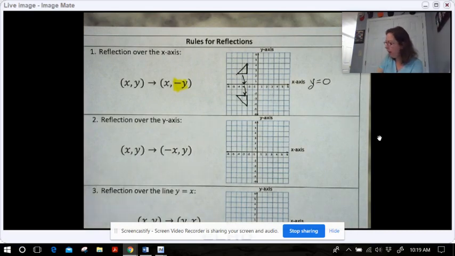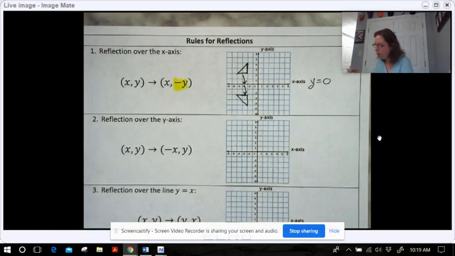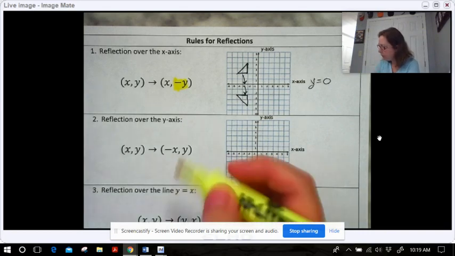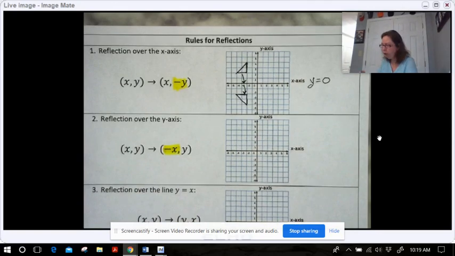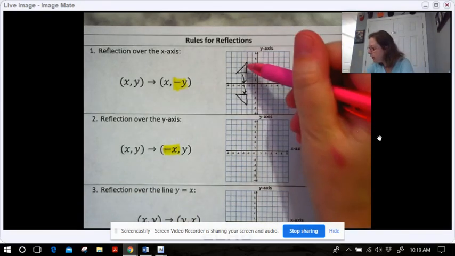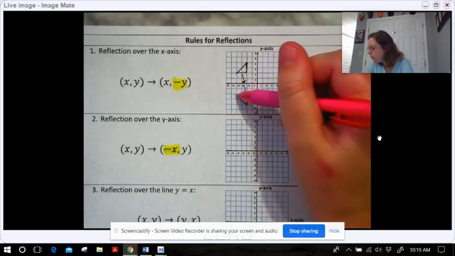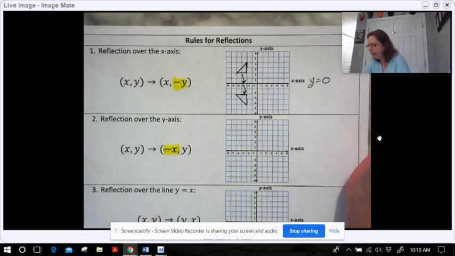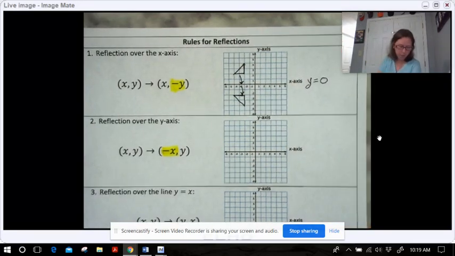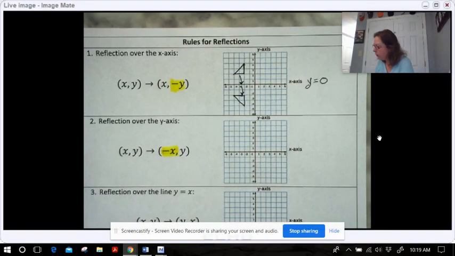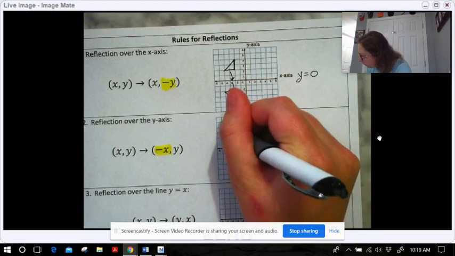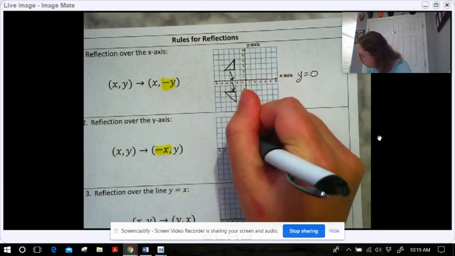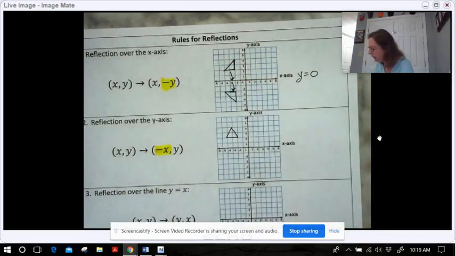Okay, what about if I go over the y-axis? So in this case, my x value is going to change. And I would need to do this for each of the individual points of my triangle. Okay? All right. So let's do this triangle.